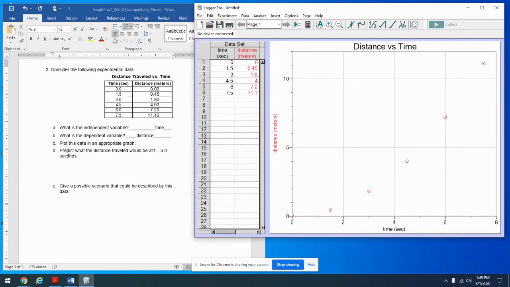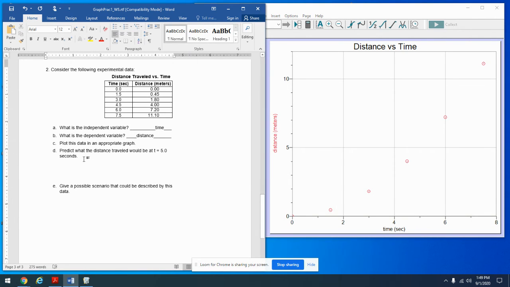Okay, so predict what the distance traveled would be at 5 seconds. So here's 5 seconds right here. It's a little harder to do this because we're trying to guess and we don't have a straight line there. And it's good that we don't have a straight line there. That would be distracting. So maybe somewhere around here. Say the distance at time 5 looks like it would be right around 5.